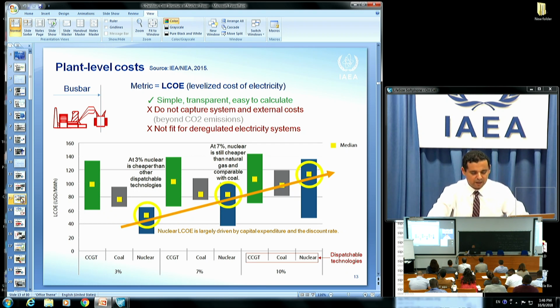I won't be showing any slide. When we talk about cost, when you have a plant which produces a product, let's forget about electricity. Let's take a water plant. So you have costs. You have an amount of water that is purified by the plant.